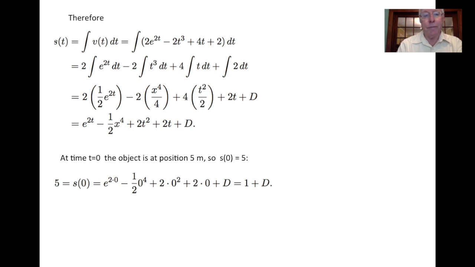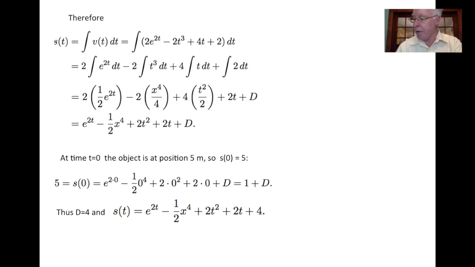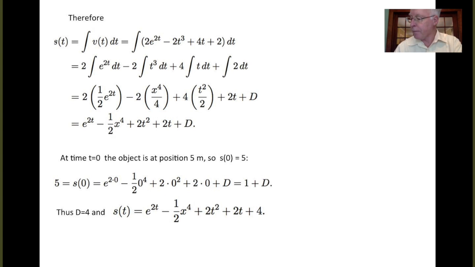So we can write, making use of what we know about the position function up here, 5 is s of 0, and then if we plug 0 into what we know about the position function, we get this expression, and that reduces down to 1 plus d. And so once again, it's easy to find the constant d. D turns out to be 4. And if we put that 4 back in for d and then update our position function, we have a complete picture of the position of the object at any given time.